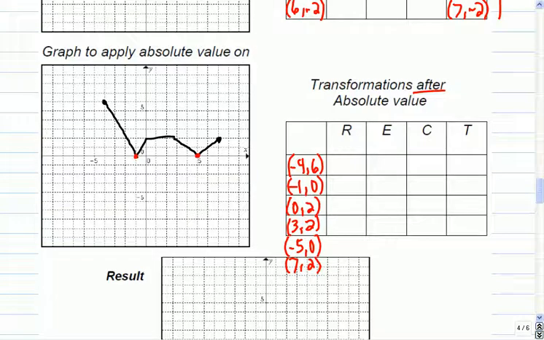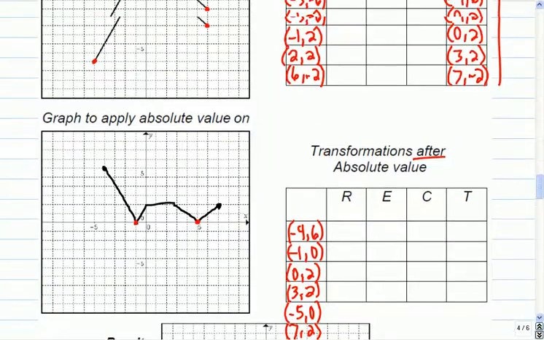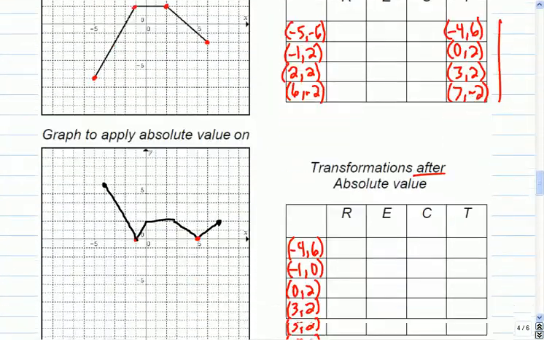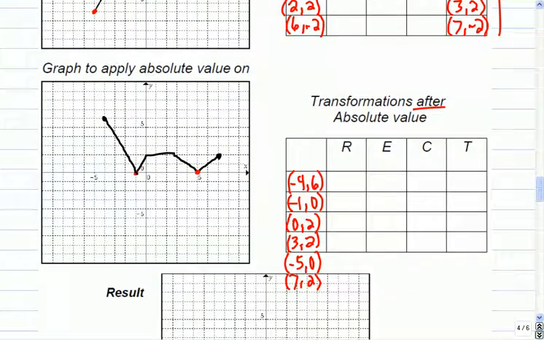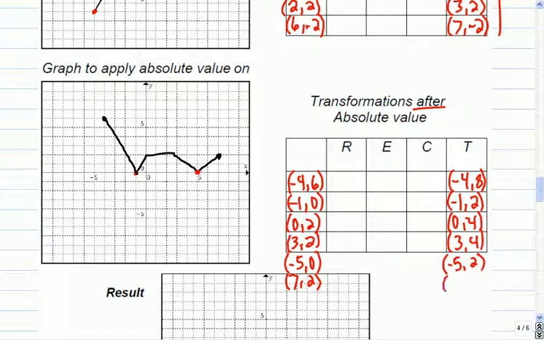So the only transformation that's left after absolute value is add 2 to the coordinates. So the final graph is going to be -4, 8, -1, 2, 0, 4, 3, 4, -5, 2, 7, 4. Okay.